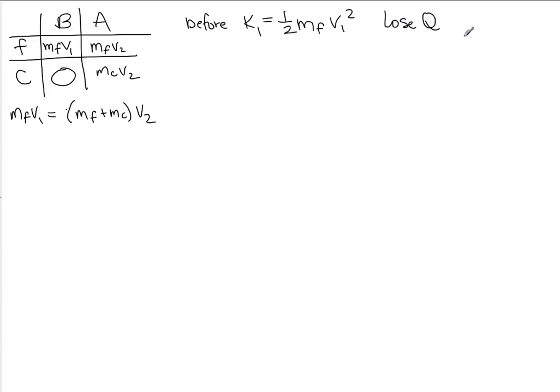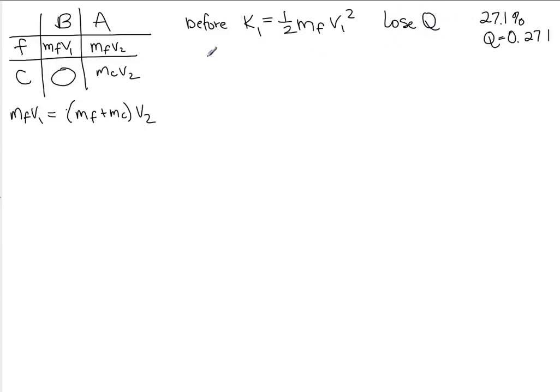In my version of the problem, it says 27.1%. So I'm thinking that Q is 0.271. But you use your numbers, okay? So we're going to lose a certain percentage of it.